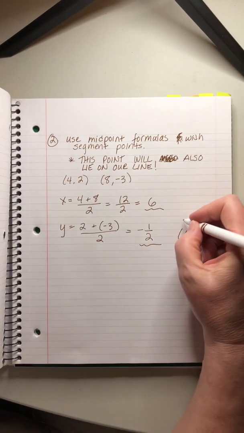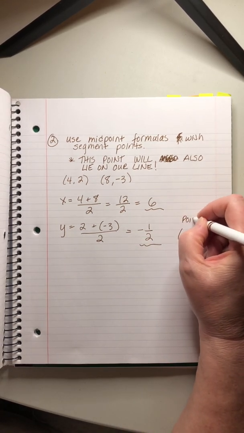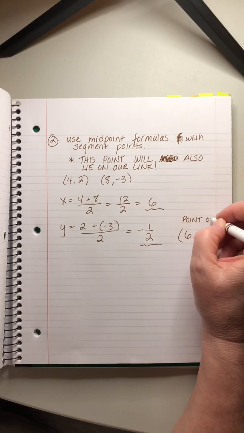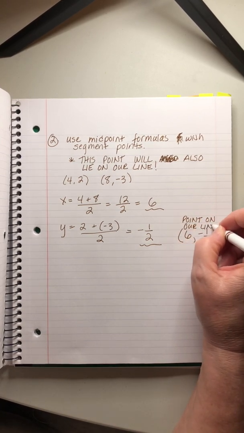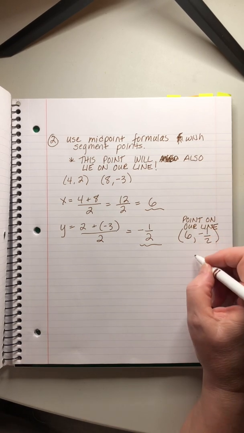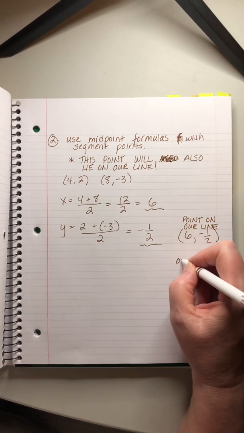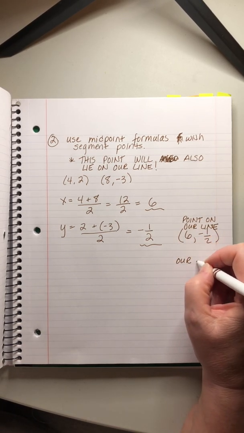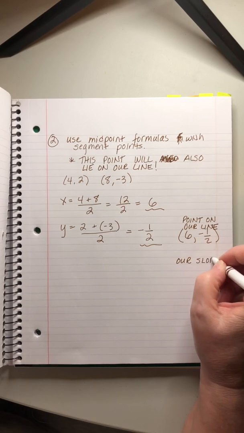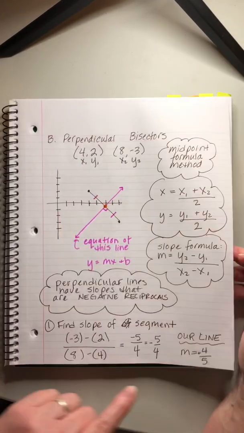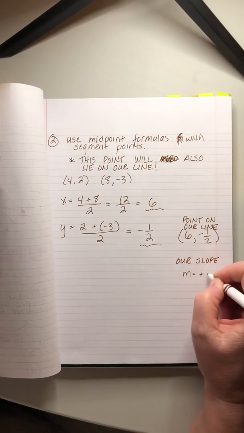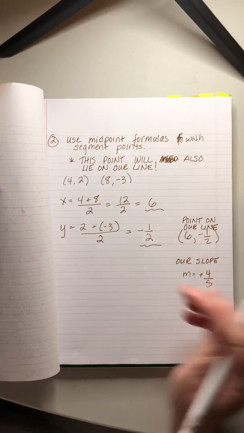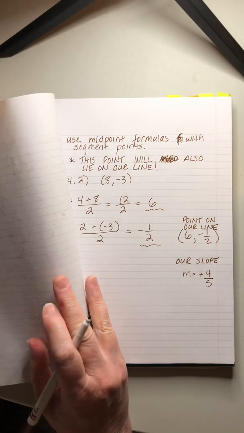This is on our line. And then we already have our slope, which I'm just going to copy from the other page. There it is. m equals positive 4/5.